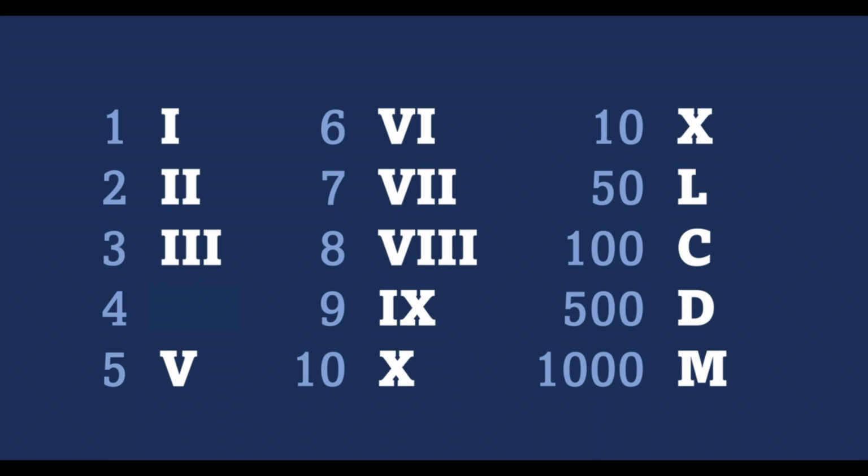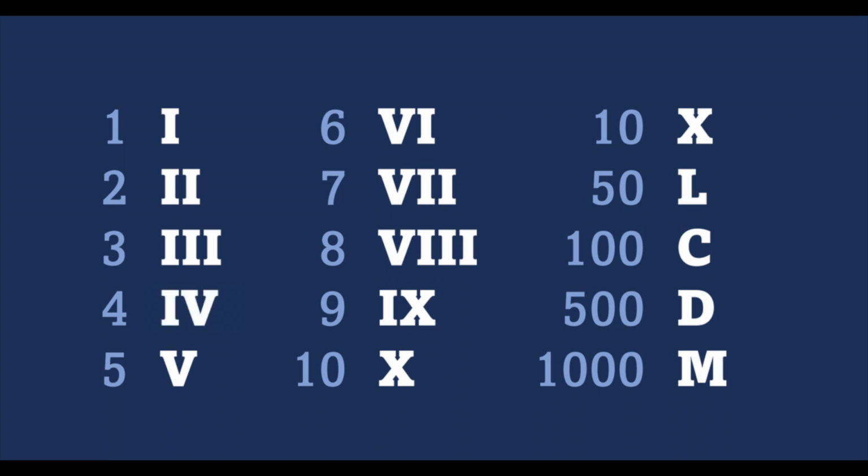There are a few exceptions to the additive properties of the Roman numeral system. Think about how you would write the number 4 in Roman numerals. You might think the numeral 4 would follow the same pattern as 1, 2, and 3 and be written as IIII.